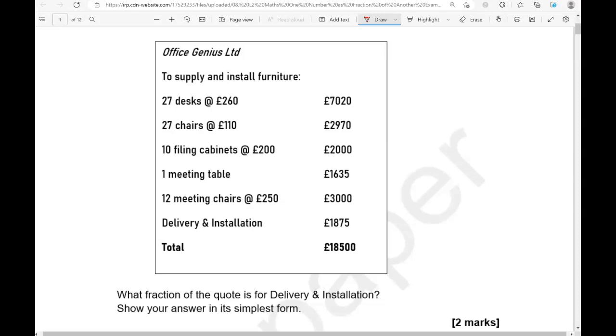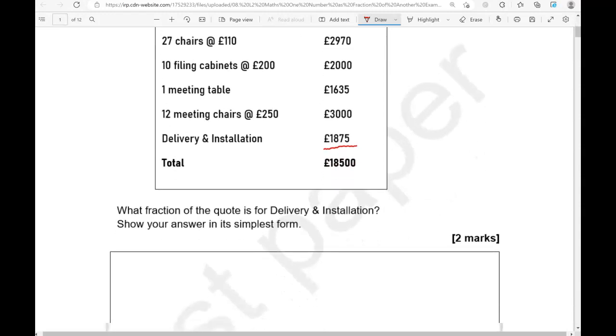So, delivery and installation, that is £1,875, out of the total, which is £18,500. So 1,800 about, and 18,000, that tells us roughly it's 1/10.